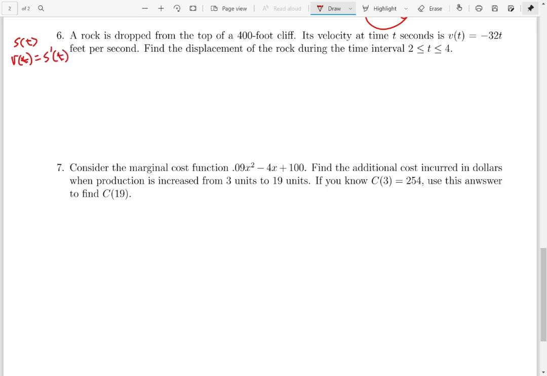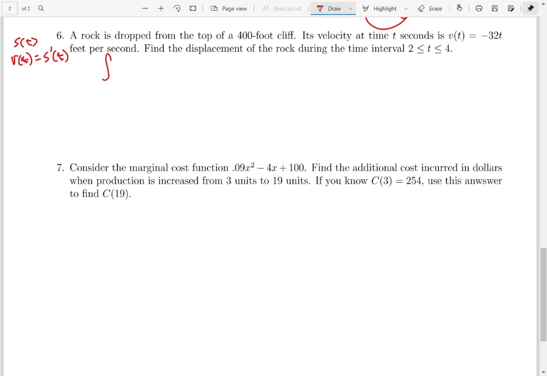Remember that our position function actually gives us displacement, whereas the velocity function gives us velocity, right? Well, recalling the relationship between position and velocity, being the derivative to go from position to velocity, we can now go the other direction. If I want to get the position function, I can take the integral of the velocity function and get exactly that.